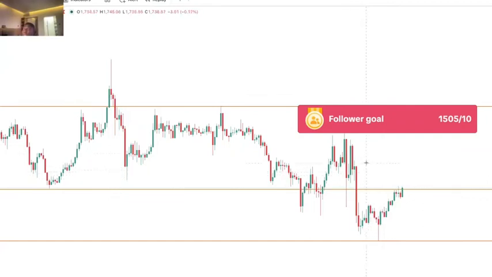Where are we looking to have our shots on Ethereum? So right now I had the last structure of Ethereum. So this is what we are getting here on Ethereum. So this is the last structure I'm looking at on Ethereum. So what should I be looking for on Ethereum at this zone?